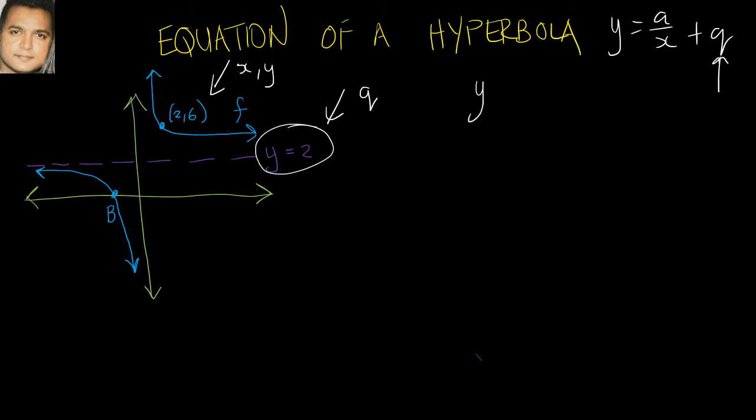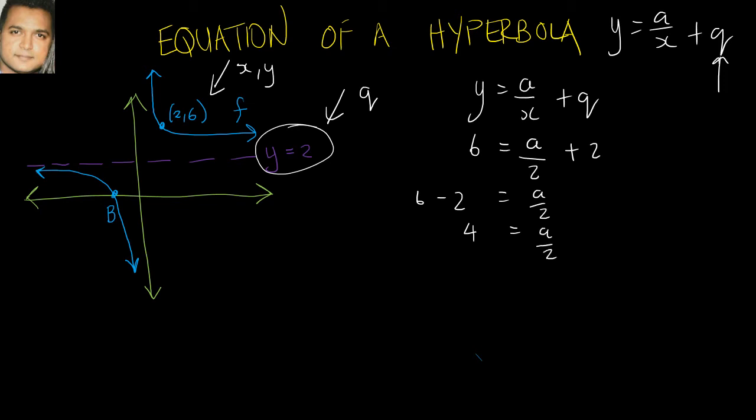So let's do this. y is equal to a over x plus q. So my y value is 6 is equal to a over my x value, which is 2, and my q value is plus 2. So I'll have 6 minus 2 is equal to a over 2. Now 6 minus 2 is 4, is equal to a over 2.